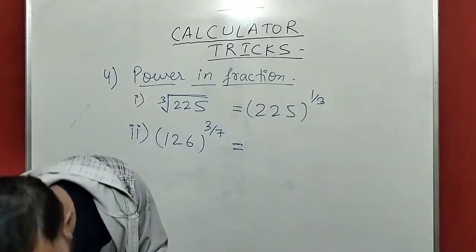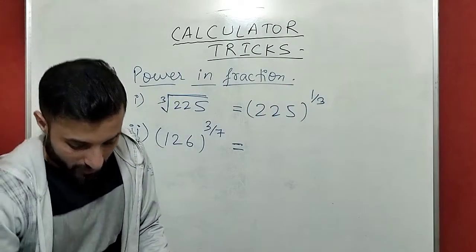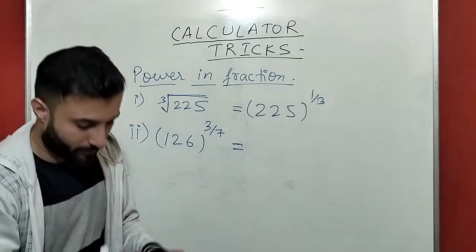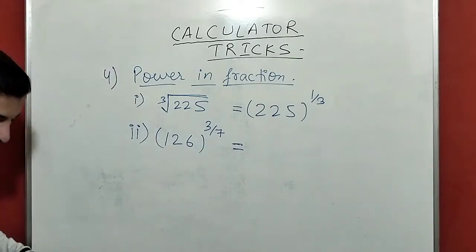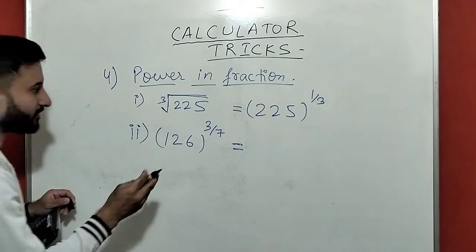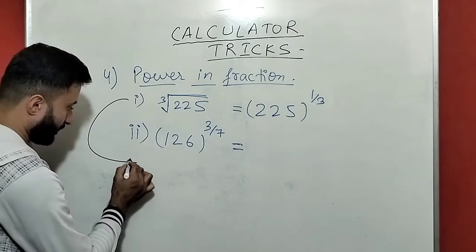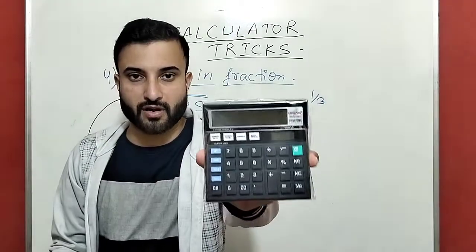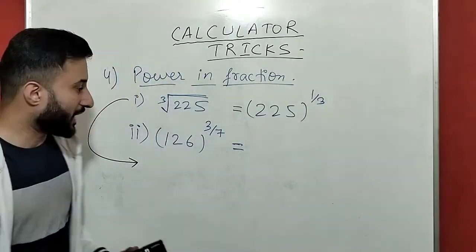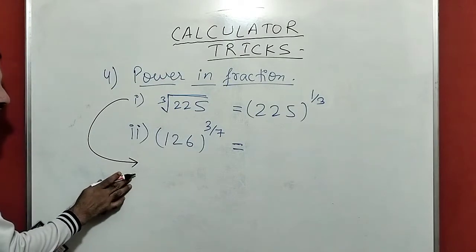Very important. It has a long process, but watch it carefully. I am looking at this 225. I don't know whether this calculator is visible or not if I come near, but I will write the steps here.